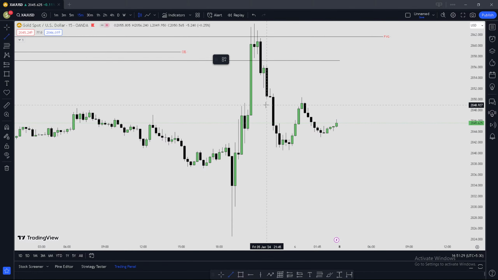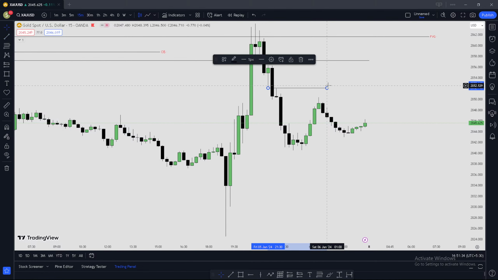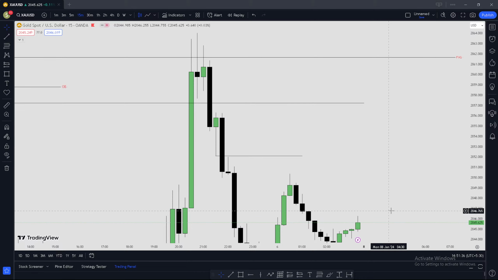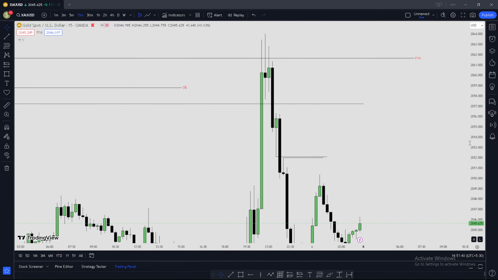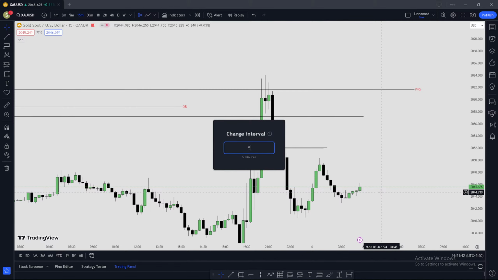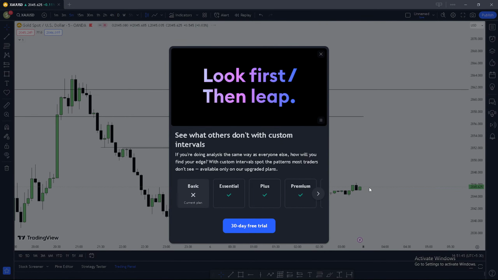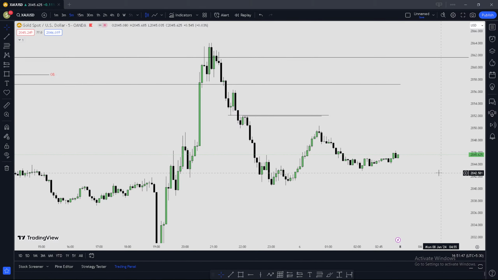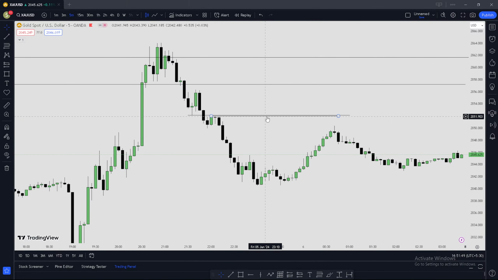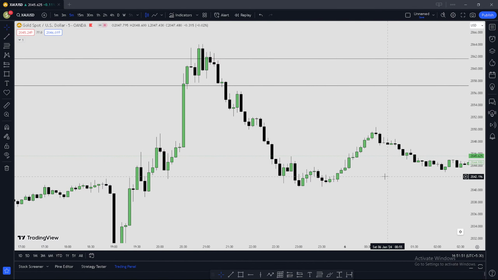Let's see, I'll just mark it up. This fair value gap the price might approach. We'll see how this works. Let's hope for the best.